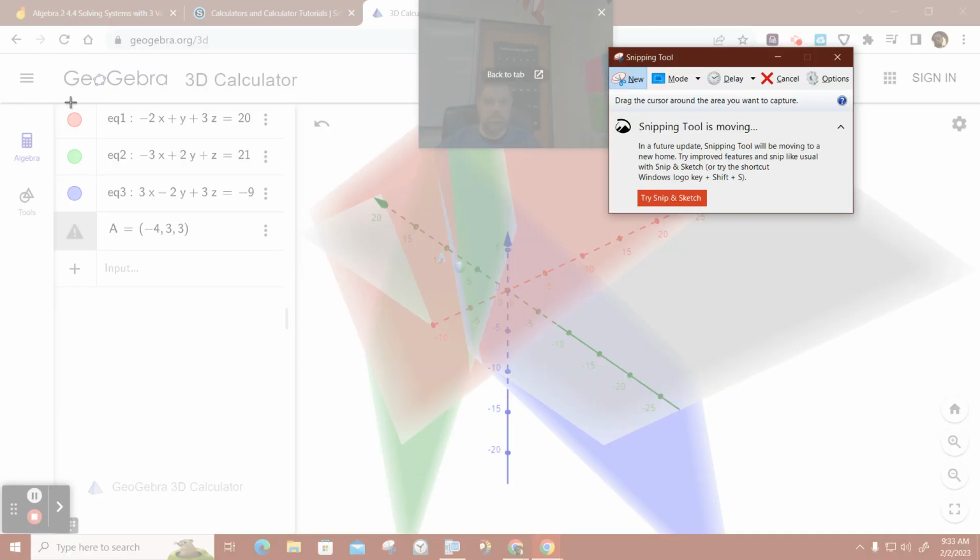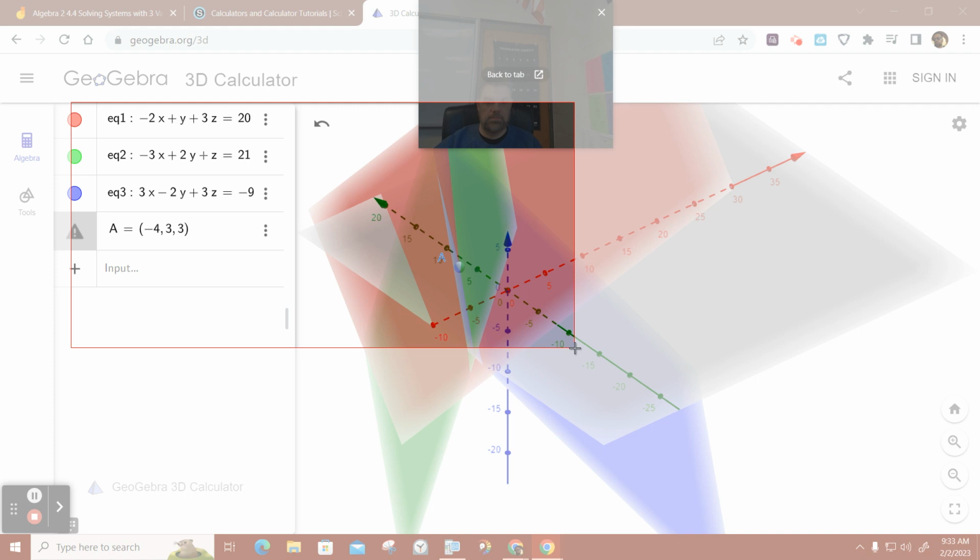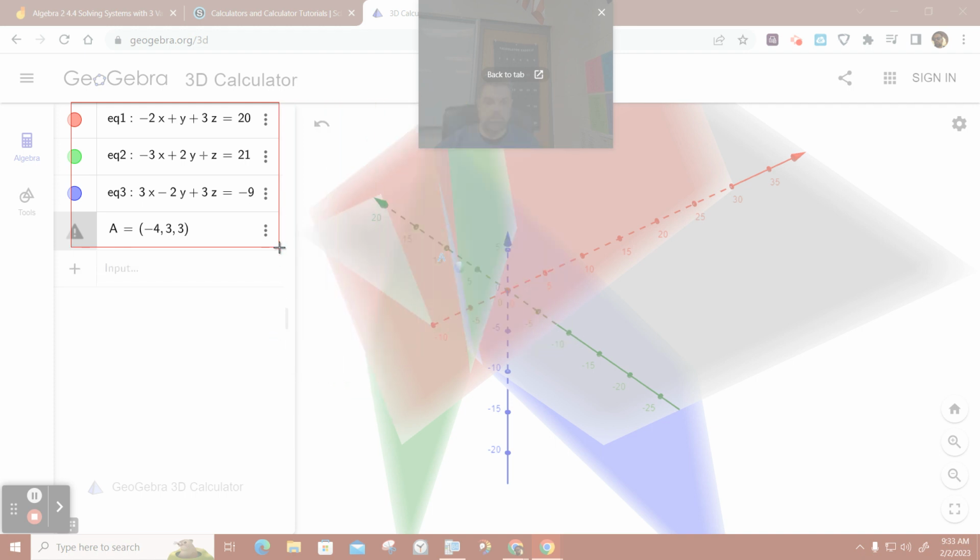And so when you graph this, this is what you end up with.